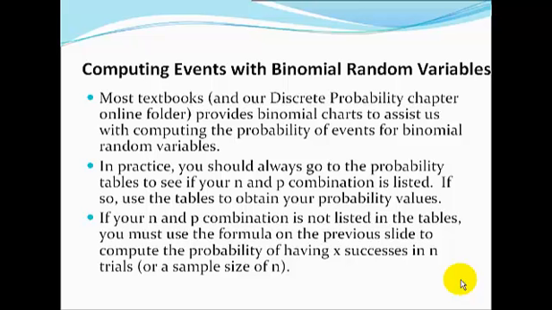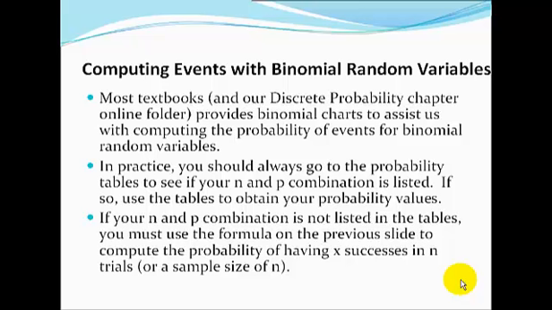Most textbooks and our discrete probability chapter online folder provide binomial charts to assist us with computing the probability of events for binomial random variables. In practice, you should always go to the probability tables to see if your n and p combination is listed.